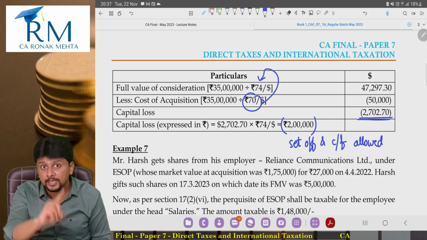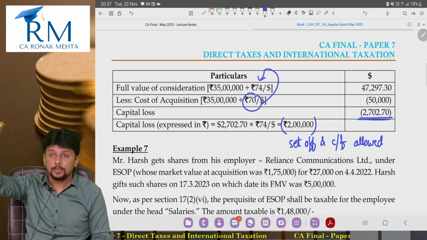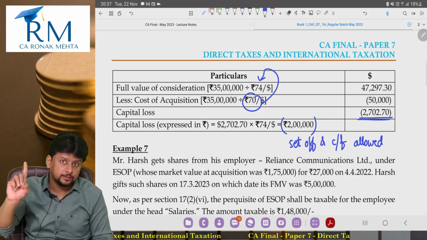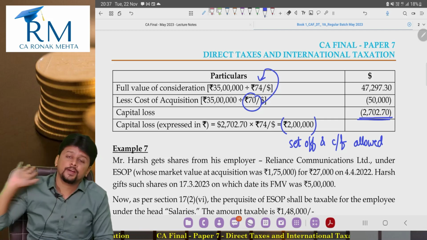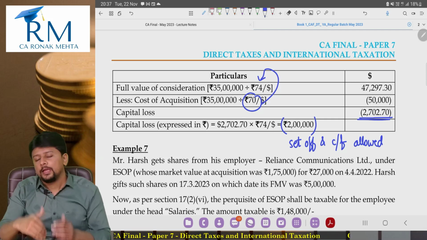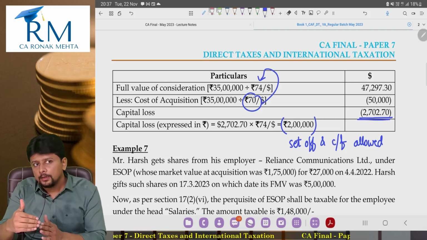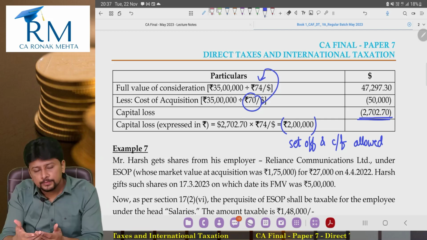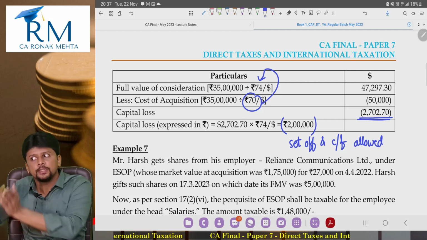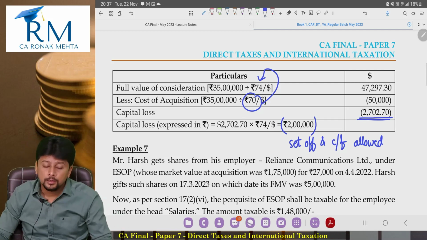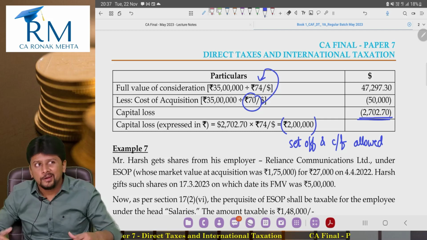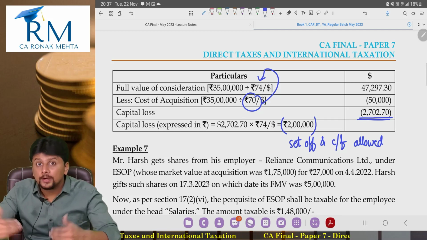If rupee appreciates, then that profit will not be taxed. If rupee depreciates, then the loss can be set off and carry forward. If the rupee appreciates and you have a premium on redemption, only the premium component will be taxed. So we have created a provision which is tilted towards the non-resident.